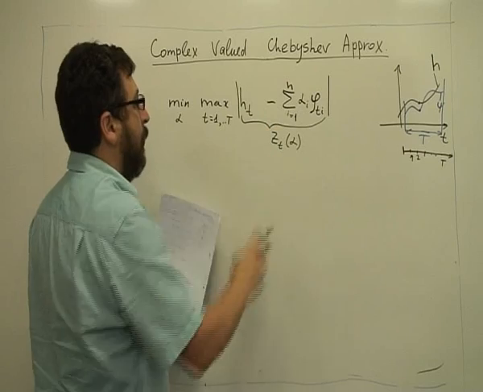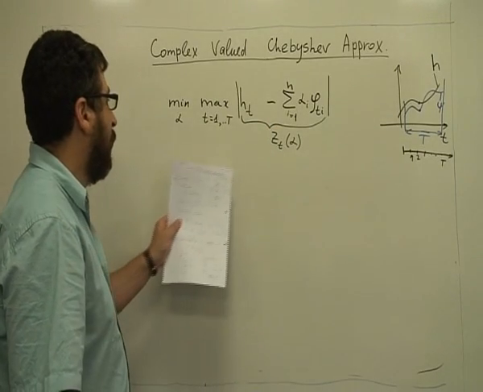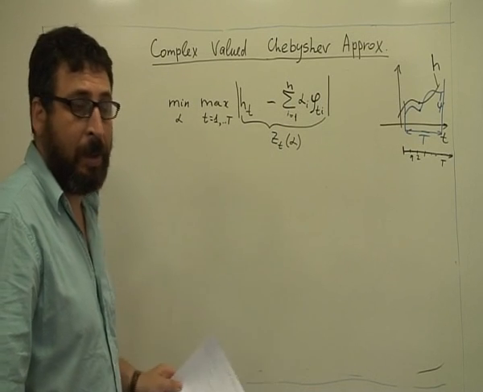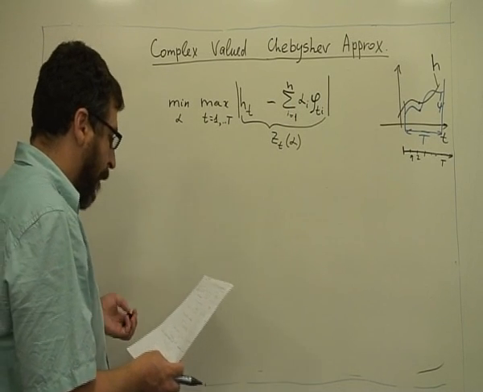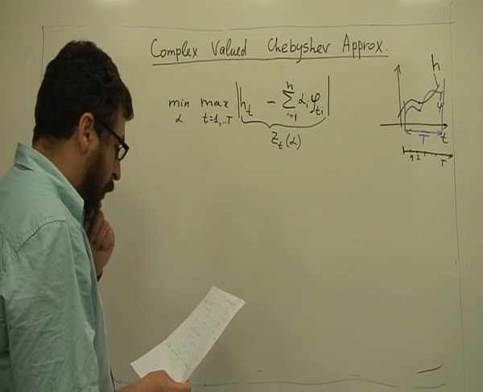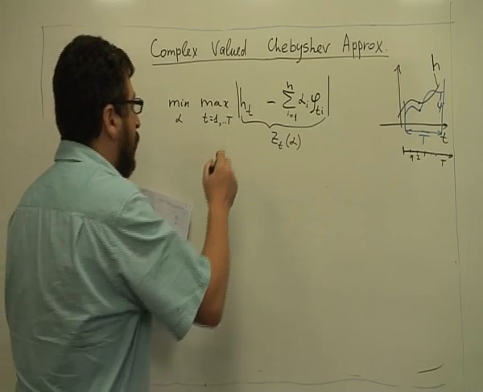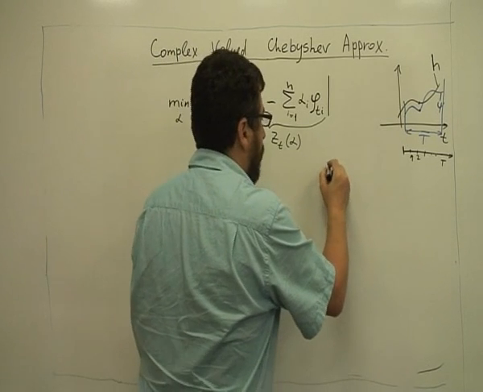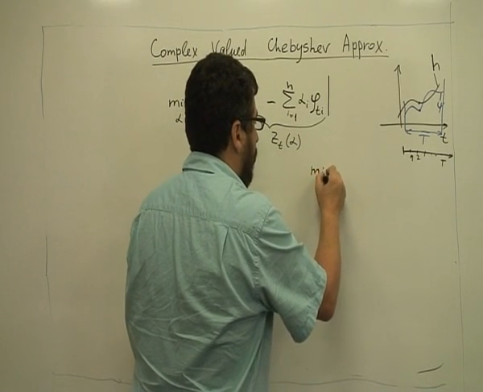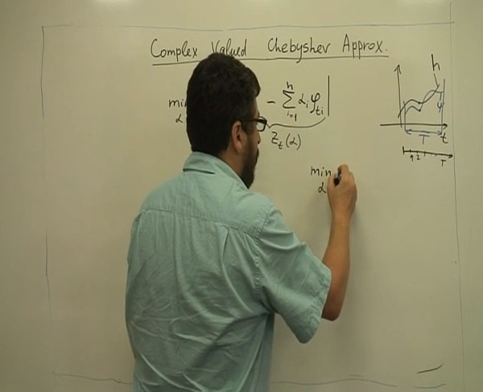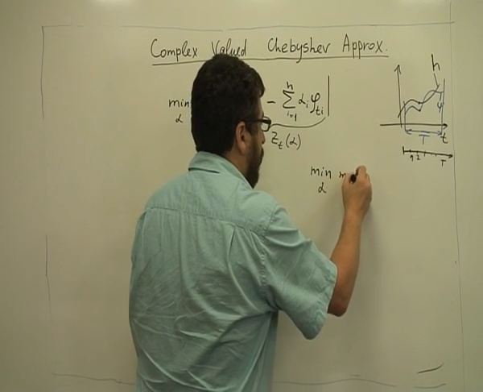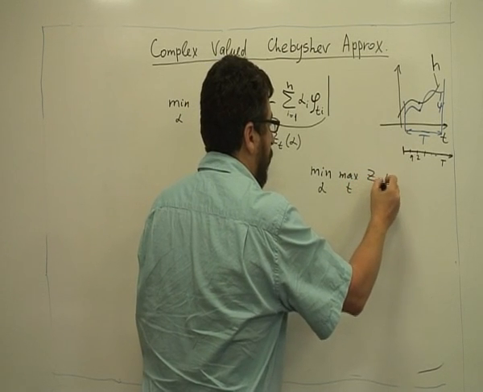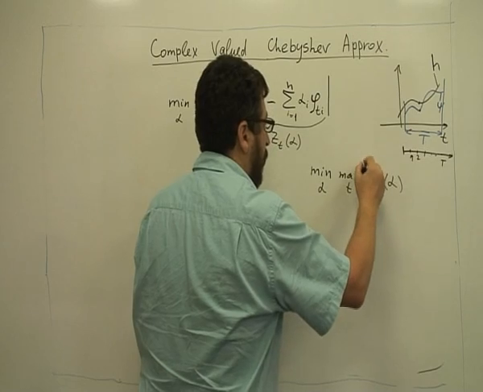This is a complex function of a real vector variable. And so I will rewrite my problem: minimum over alpha, maximum over t, of the absolute value of z_t of alpha.